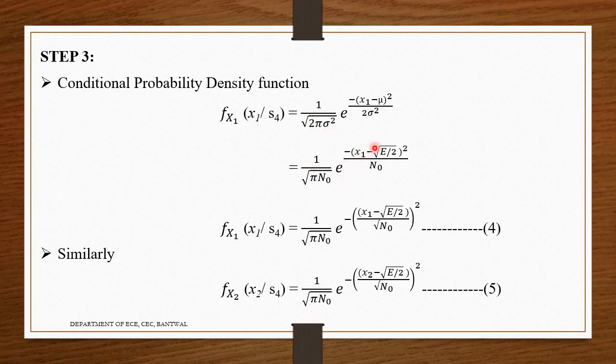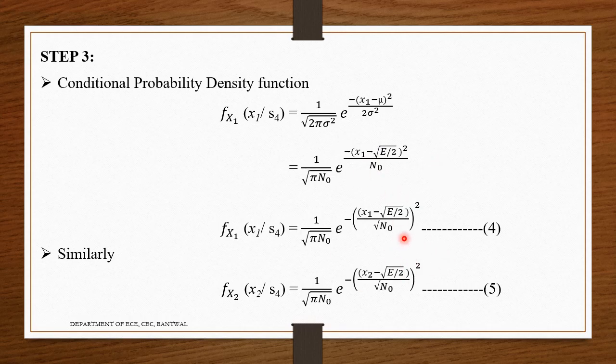Then e to the minus (x1 minus square root of E by 2) the whole square divided by 2 into N naught by 2, and the 2 and 2 cancel, leaving N naught. This is what f of x1 given s4 is: 1 by square root of pi N naught, e to the minus of (x1 minus square root of E by 2) divided by square root of N naught, the whole square. Here it was only for this one, the square, and I have considered the whole square.